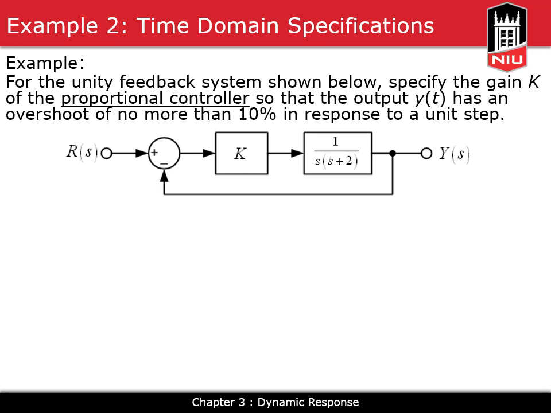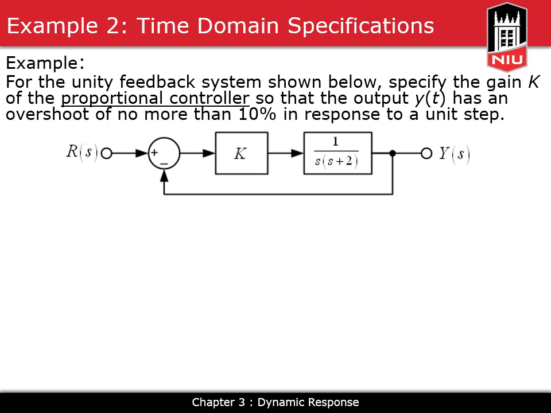You can just translate this to: we want the percent overshoot in response to a unit step function to be less than 10%. What is the range for K that allows us to do that?